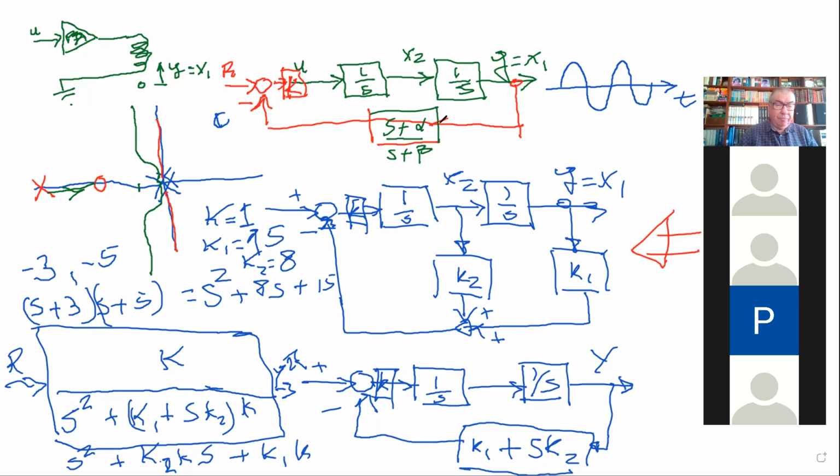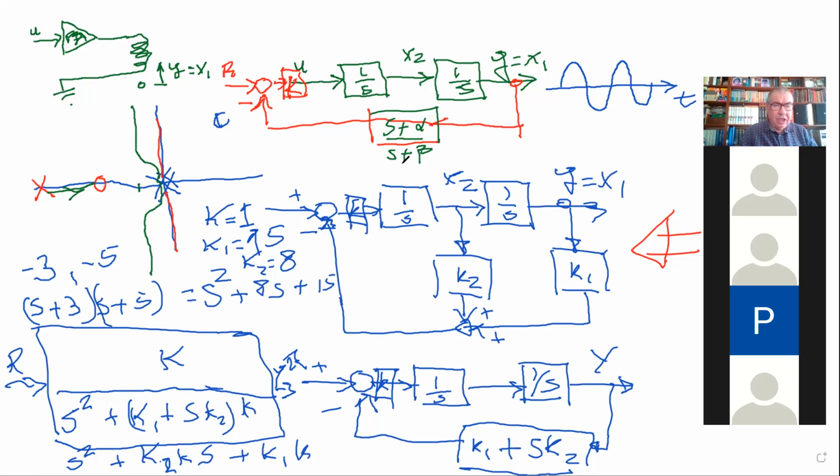So the question that we have here is, is this true? If I have a system of order n, by feeding back all the state variables, is it possible to place the poles where I want? We are going to see that this is not so. But there are cases in which, yes, you can place them.